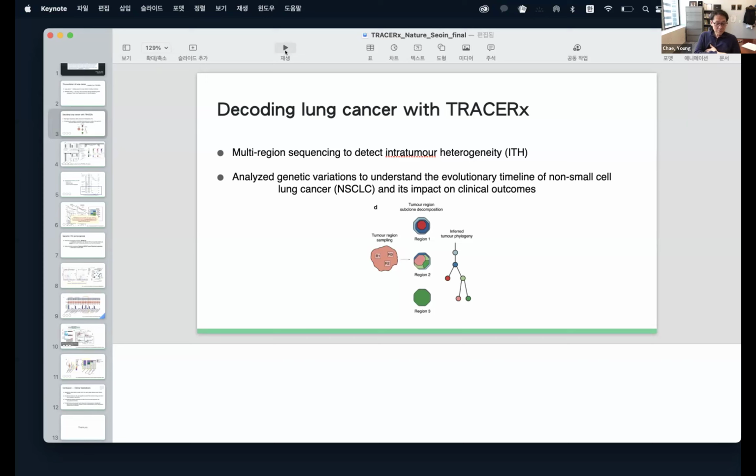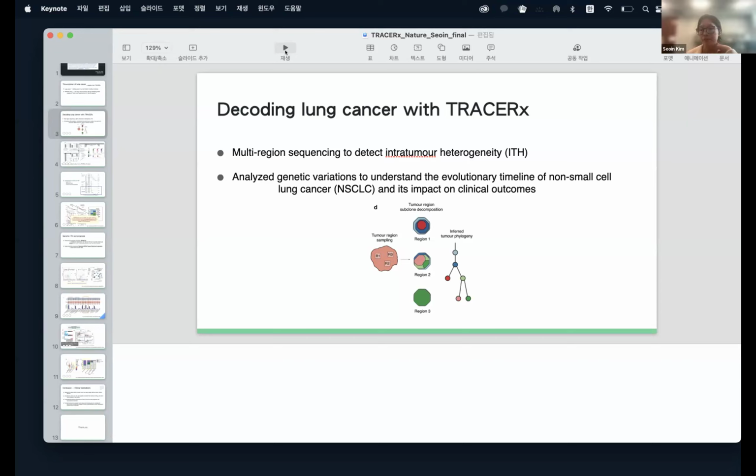Okay, so there's another paper that goes through individual, actual phylogenetic trees. In that Nature issue, I think Charlie Swanton published many papers.